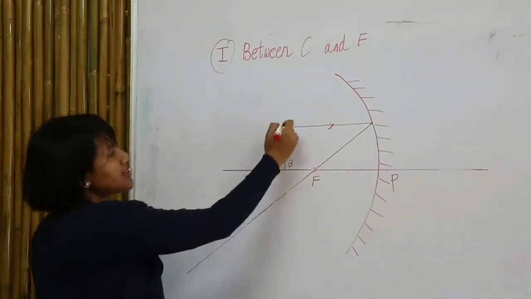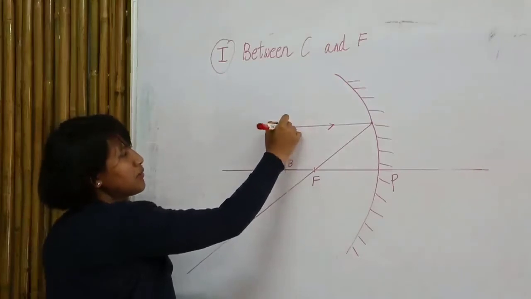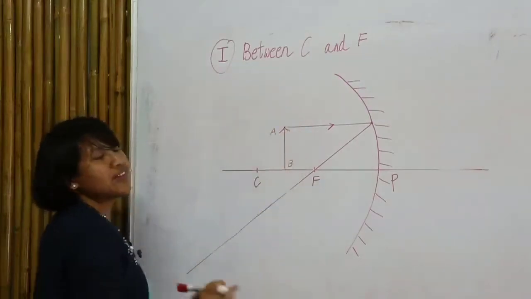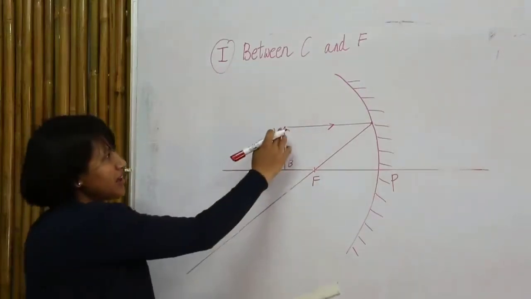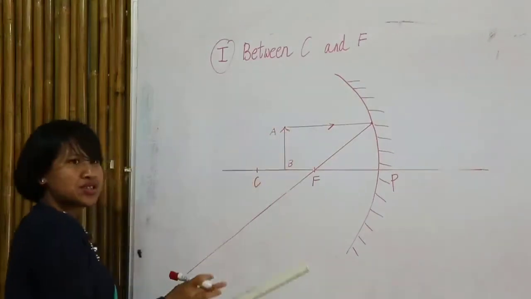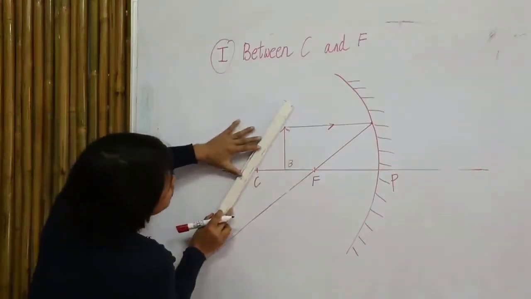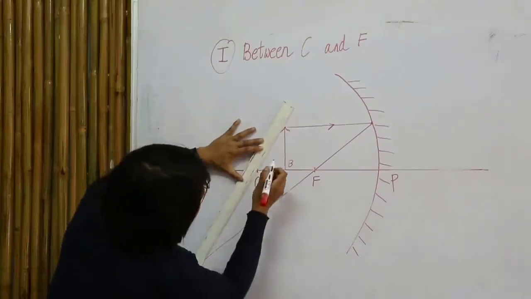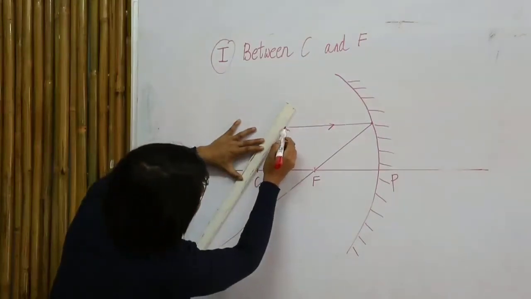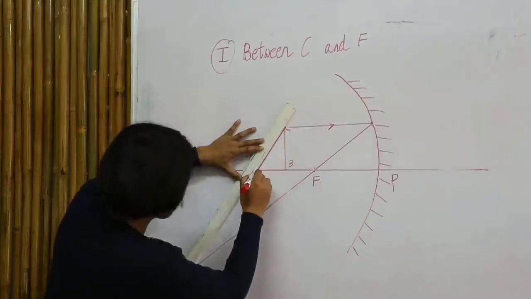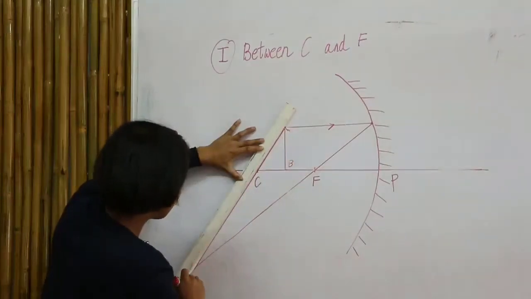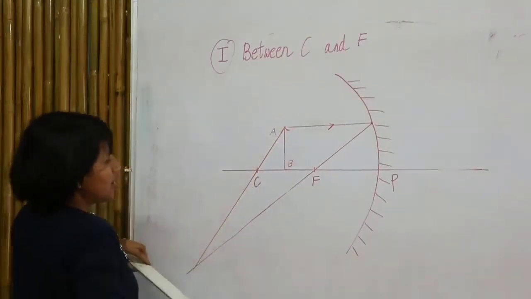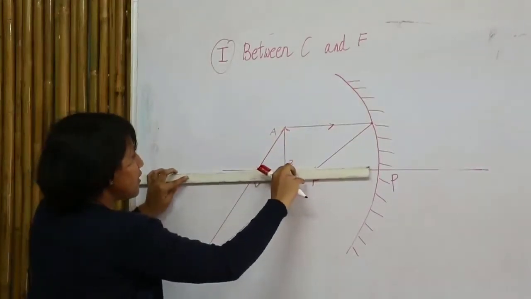Next, from the tip at point A, you take another ray of light, but it should pass through C. And then after this you extend.